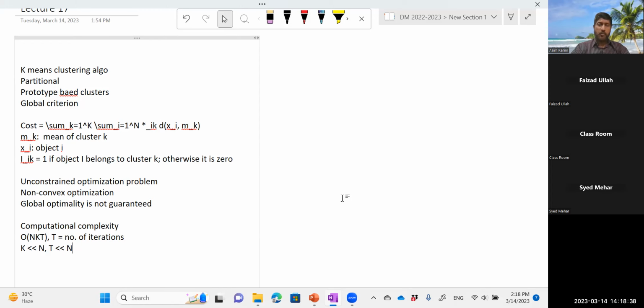In fact, 10 के अंदर most applications में वो converge हो जाता है. So T and K is generally small, and of course N is the number of observations in your data that can be large. But given that all of these parameters multiply to give us the complexity, this is still an efficient algorithm.